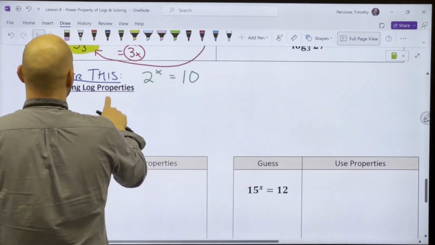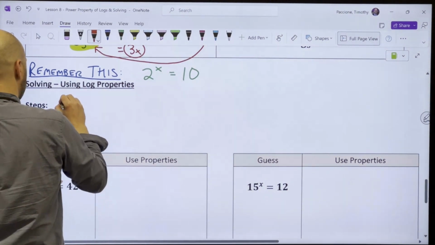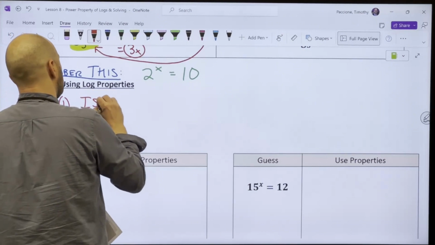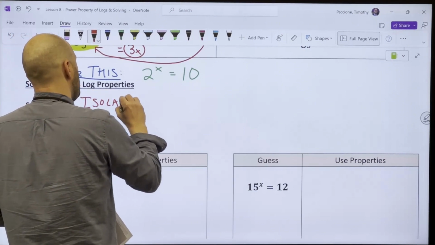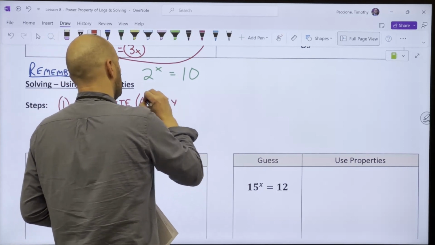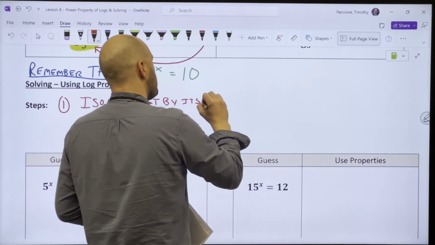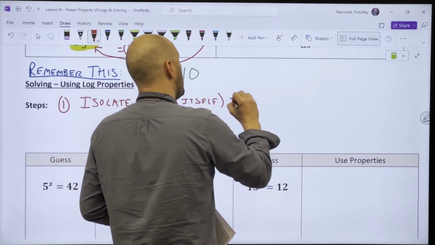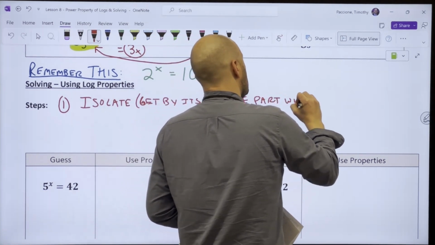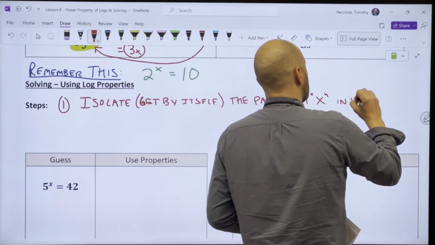So here are your steps for solving using logs, okay? Step 1 is isolate, meaning get by itself the part with x in the exponent, right?